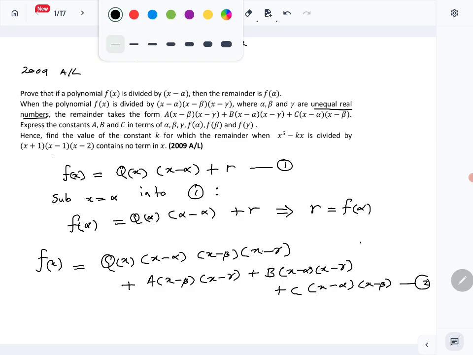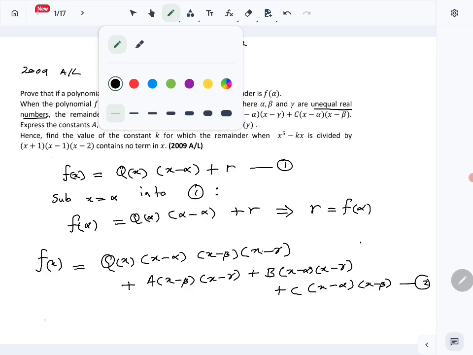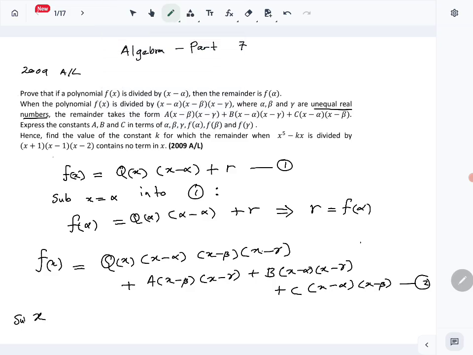Right. So let's first do x equals alpha. Sub x equals alpha into equation 2. What happens? f(alpha) on this side, and alpha minus alpha becomes 0, so the first term becomes 0. Then look at the third term, again alpha minus alpha becomes 0. Again the fourth term, alpha minus alpha becomes 0.